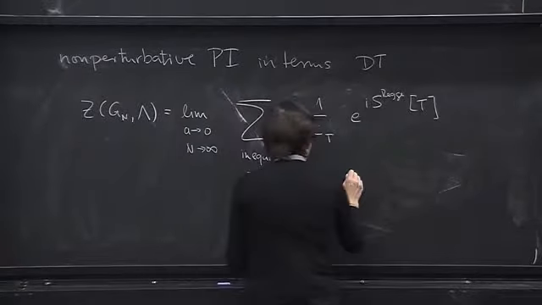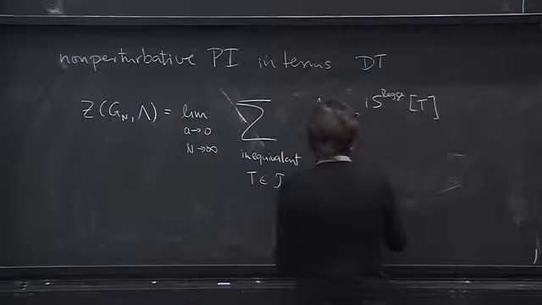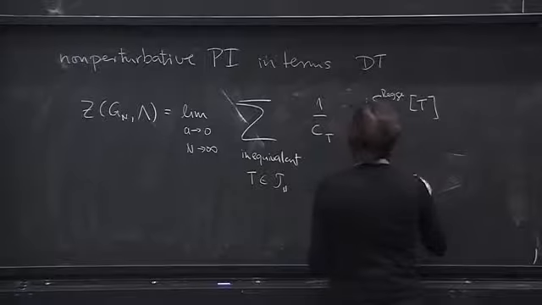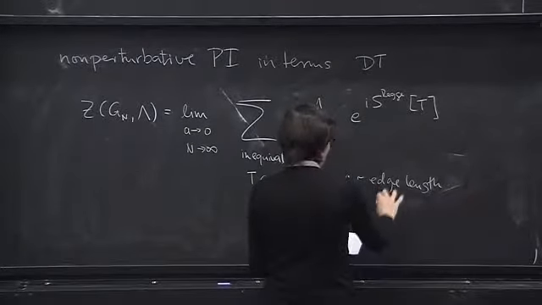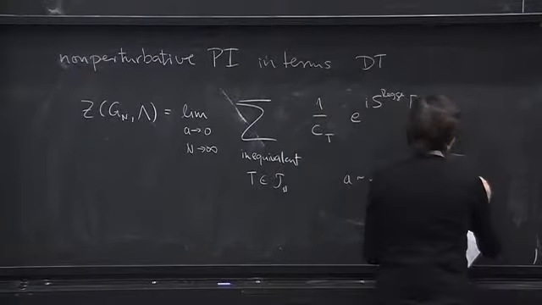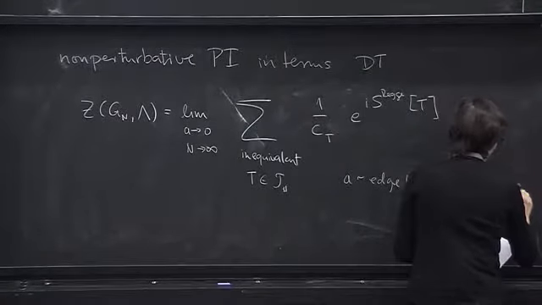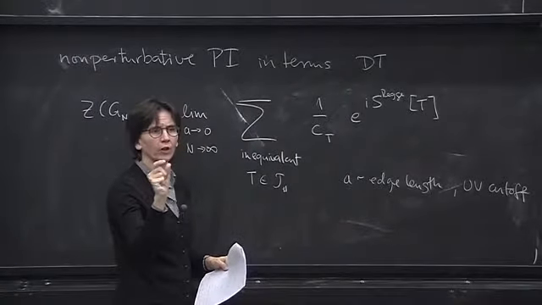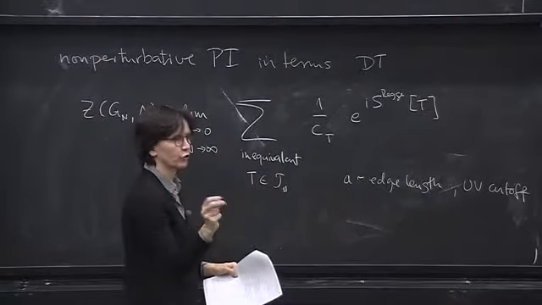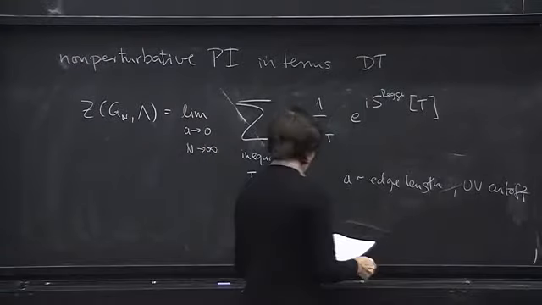Now, a was my edge length, so my ultraviolet cutoff, you could say. And what I want to do is make the triangles smaller and smaller and smaller in the end, to shrink them away, really.